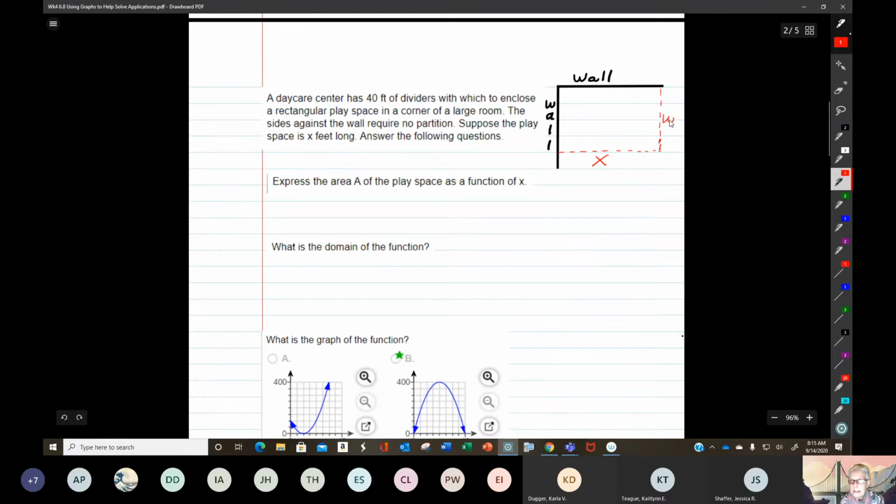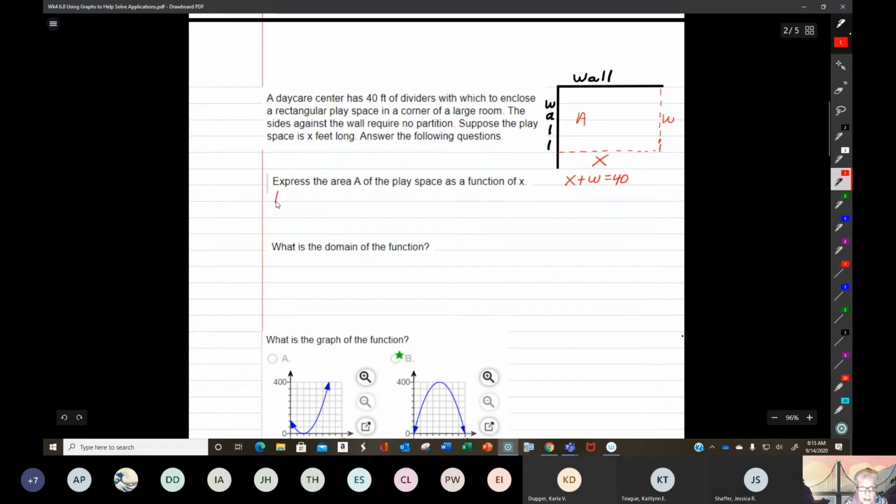This side plus this side are going to add up to 40. Just an extra fact we can use. Now it says express the area as a function of X.